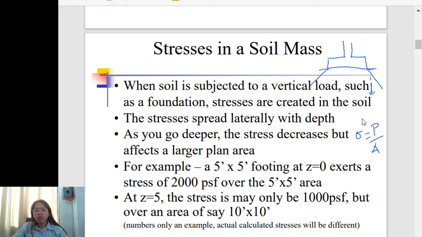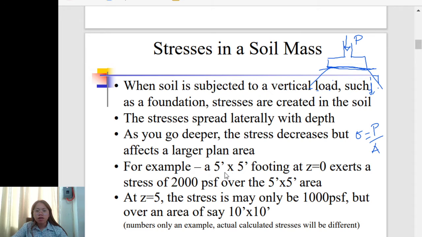So, if there is a concentrated force P, then immediately at the interface between the footing and the soil, the pressure or the stress is maximum. But as you go deeper, since the area will be bigger, the stress will be smaller. So as you go deeper, the stress decreases but affects a larger plan area.